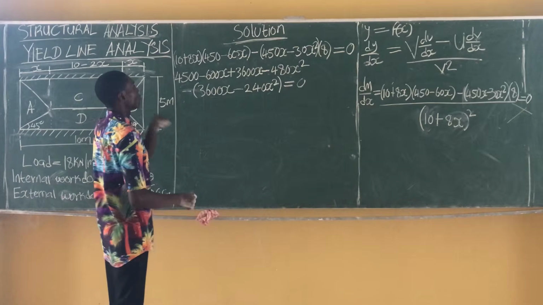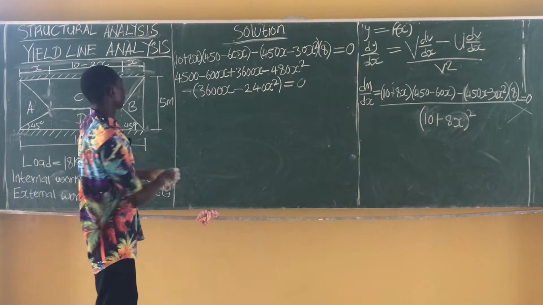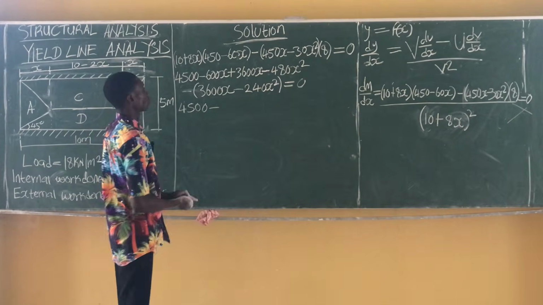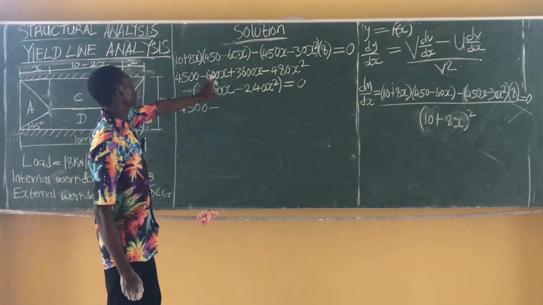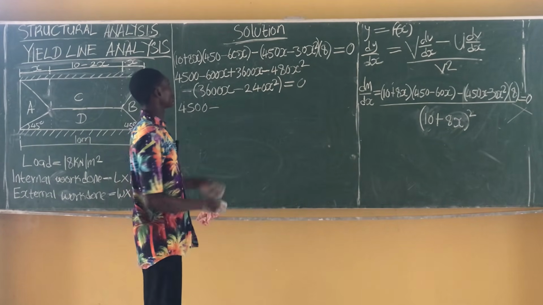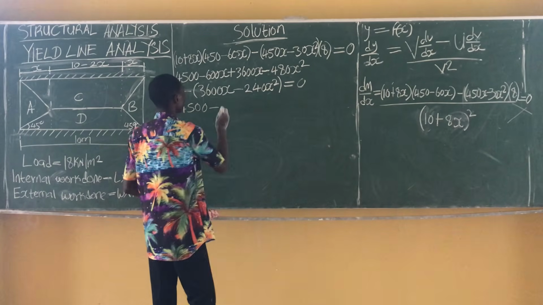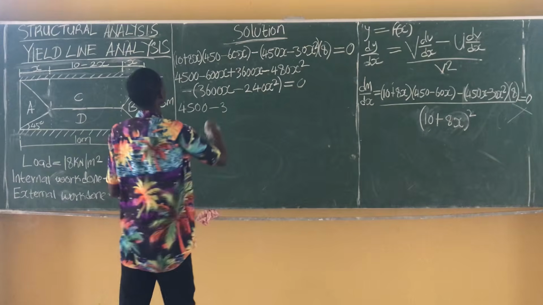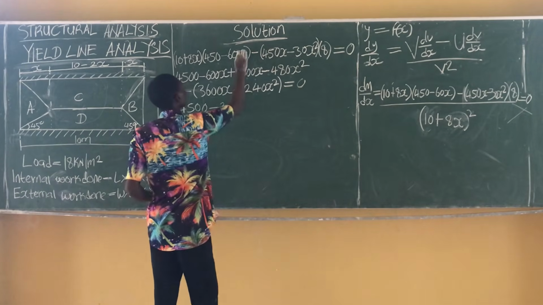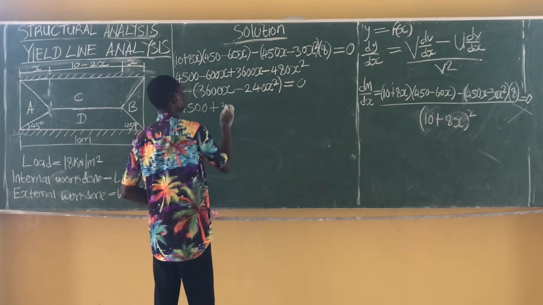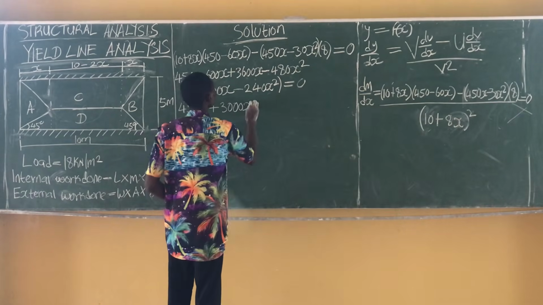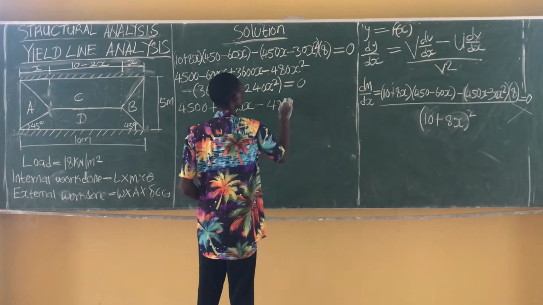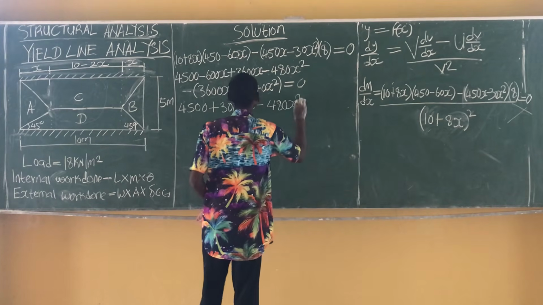So let's open up the bracket. At this point, we have 4500 minus 600x plus 3600x will give us what? Plus 3000x minus 480x squared.